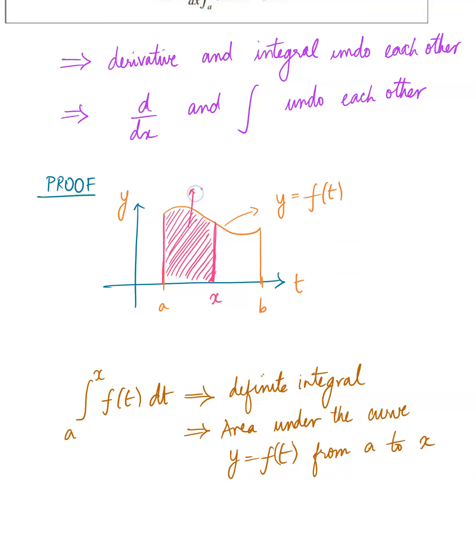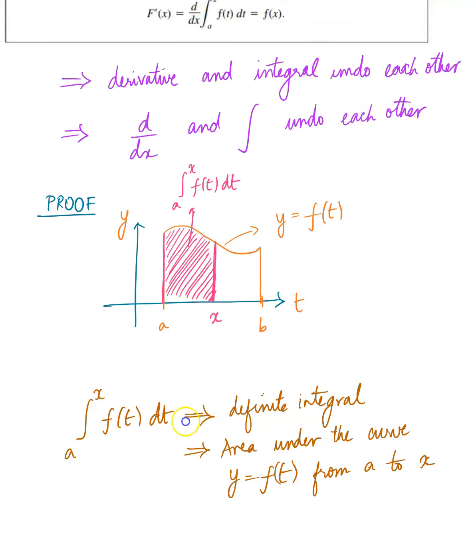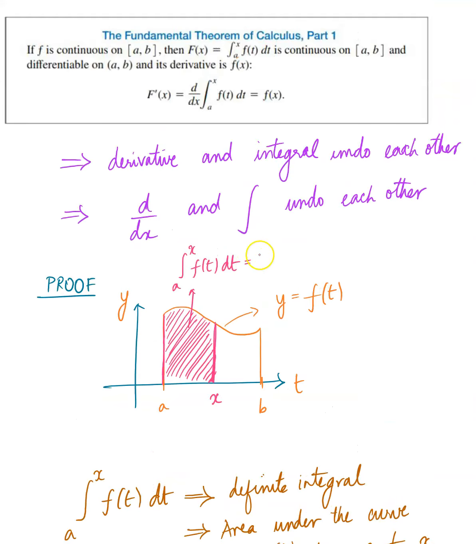So this is the integral from a to x of f of t dt, and we are calling that our capital F of x. That's our area. And so we want to show that if you took the derivative of this area, you will get back this function, this orange curve.